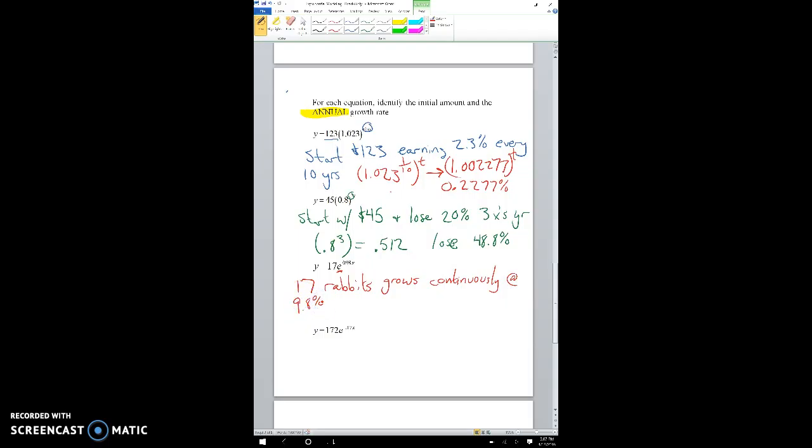To figure out what the growth rate is when you have E, your calculator has an E button, so I'm just going to do E to the 0.098. It equals 1.10296. So what that means is that annually it's growing by 10.29%.